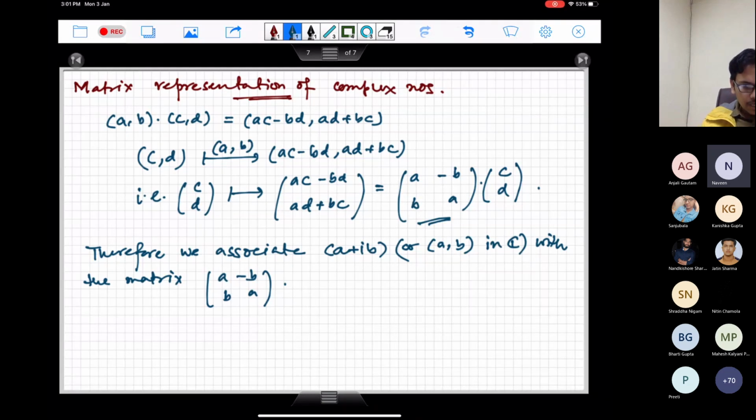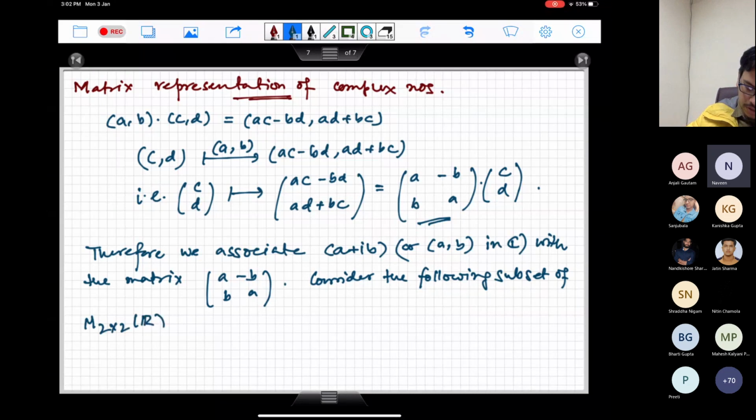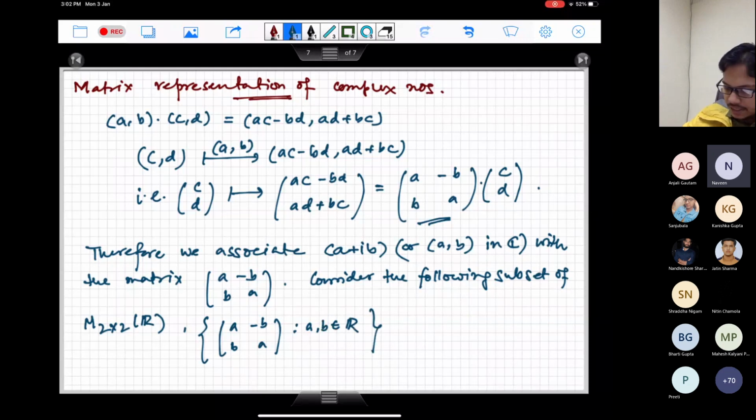Okay, so in fact, consider the following subset, not of R2, but of M2(R). M2(R) means the set of all 2 cross 2 matrices over R. So what is that subset? I'm going to take all these matrices (a, minus b; b, a) such that a and b are in the set of real numbers.